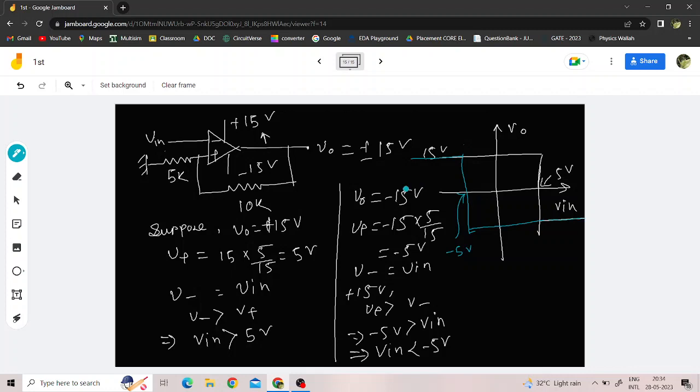So this is the transfer characteristic of a Schmitt trigger. This is the flow of the output with respect to the input, and for the first case the arrow will be in this direction. Okay, I hope it is clear now.